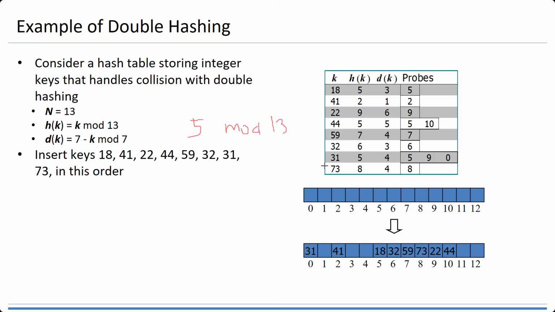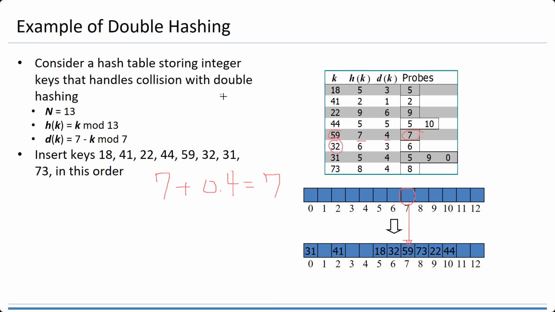So I will not consider this mod 13. Here, we have 7 plus j. When j equals 0, 0 multiplied by 4, it means we will consider 7. So in 7, there is still no key. Then we put 59 into the position 7.